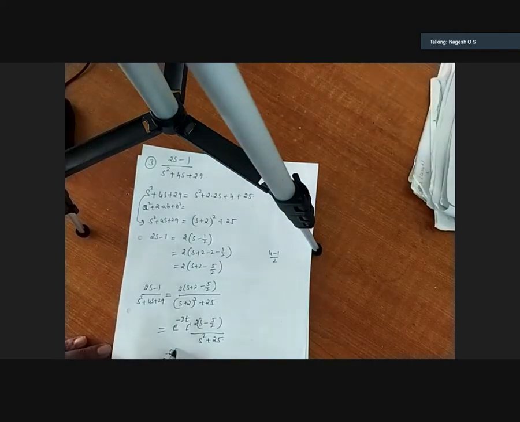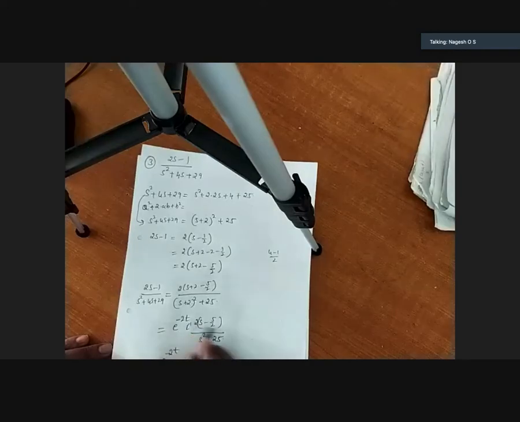e power minus 2t. So multiply this 2 inside.